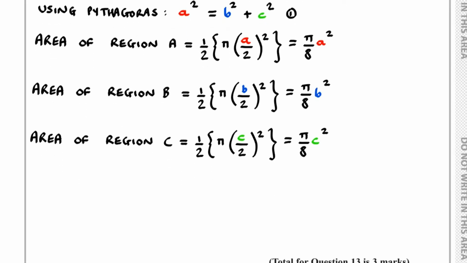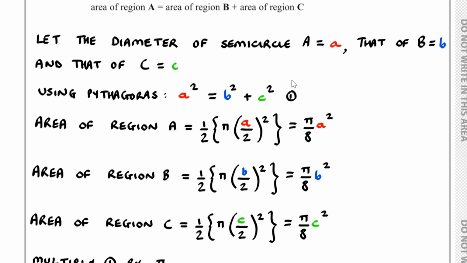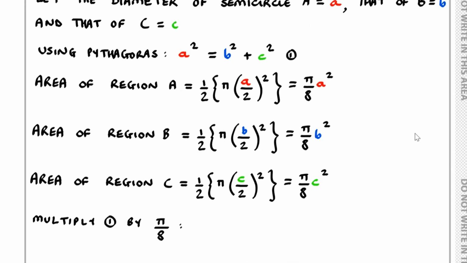So multiplying equation 1 by pi over 8, I'd have pi over 8 multiplied by a squared, and that will equal pi over 8 multiplied by b squared plus c squared.